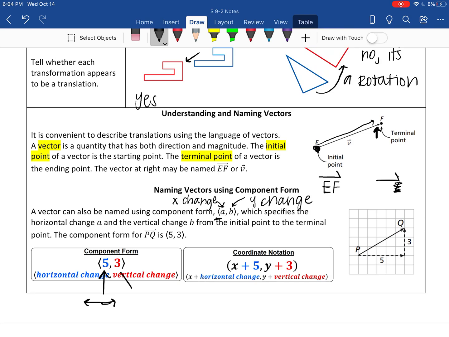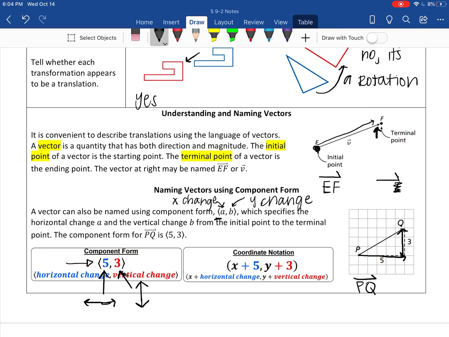This one signifies up and down. So component form from P to Q, and you would name this vector PQ with your arrow above it, is 5, 3, because you do your horizontal change first, so it went to the right 5, and then it went up 3. So component form would be pointy parentheses, positive 5, positive 3, because both those directions are positive.